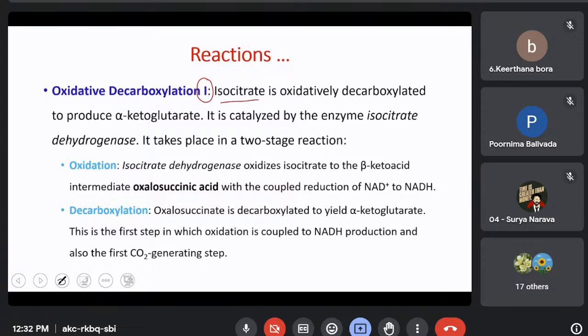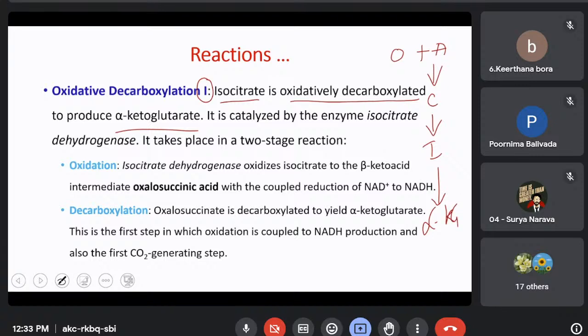Isocitric acid is oxidatively decarboxylated to produce alpha-ketoglutaric acid. So first of all, what happened? Acetyl coenzyme A combined with oxaloacetic acid to produce citric acid. Citric acid is converted into its isomeric form isocitric acid. Now isocitric acid is converted into alpha ketoglutarate.